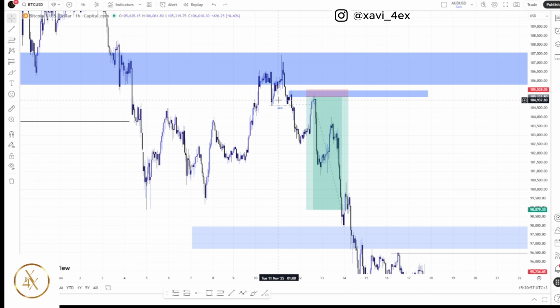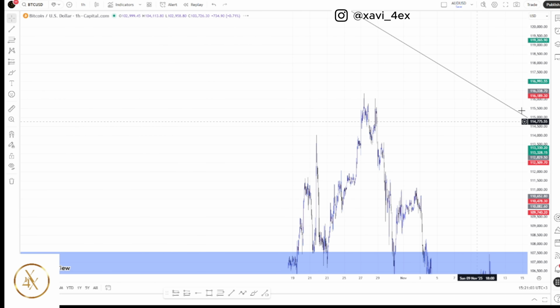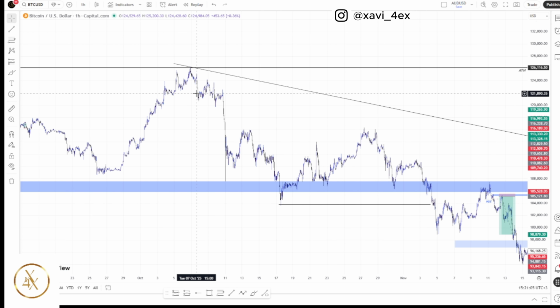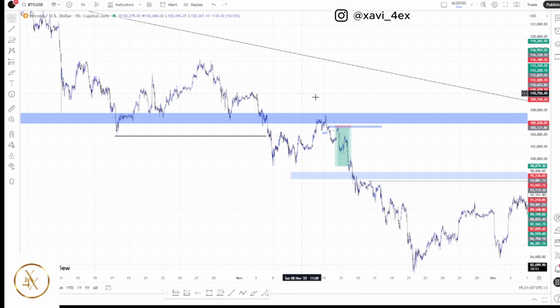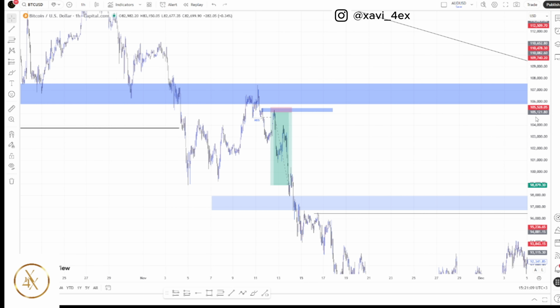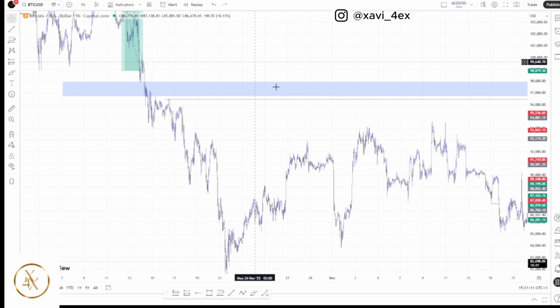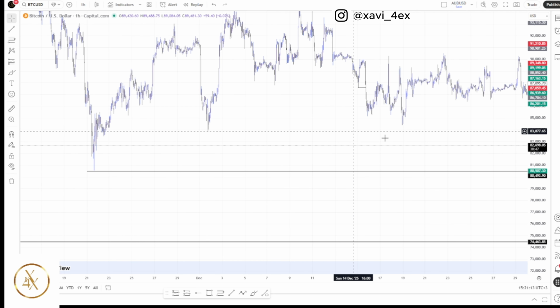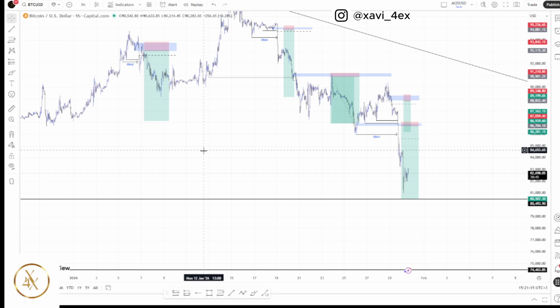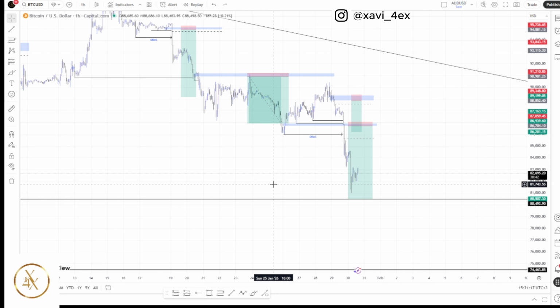So you can see that Bitcoin has been bearish literally from, let me say, the all-time high, which was in October, but confirmations of the directional bias happened in November, and we're almost headed to Feb in the new year, and we're still bearish.